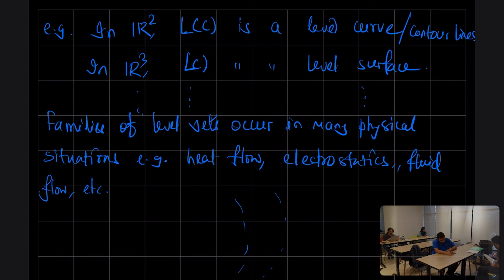All of these things go by the name of potential theory. So these are a good tool in that theory.